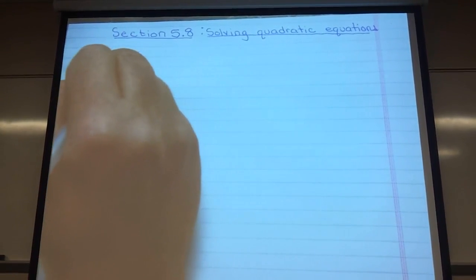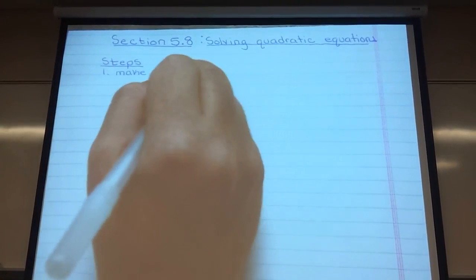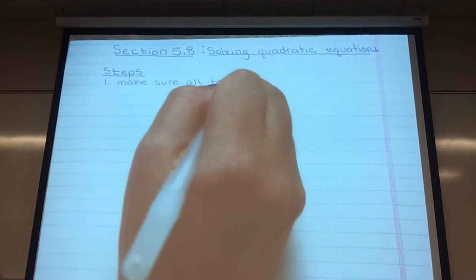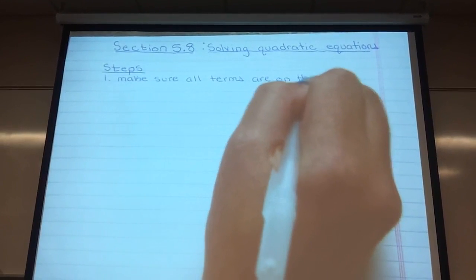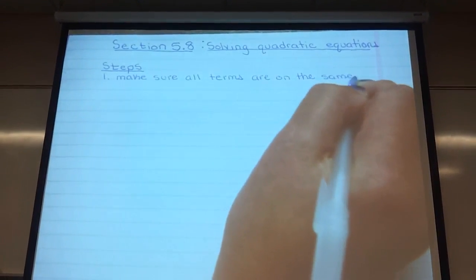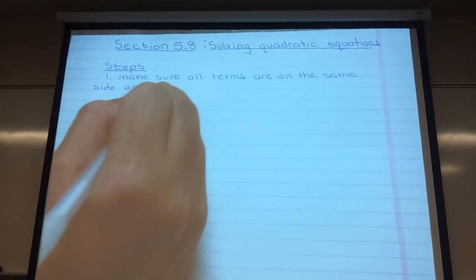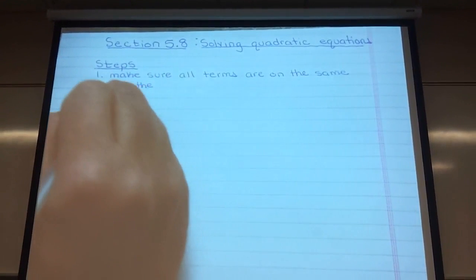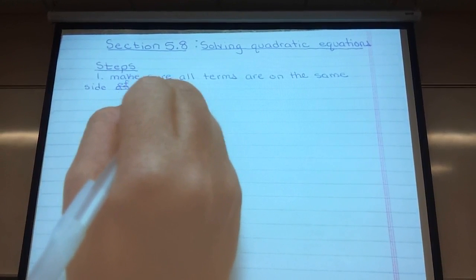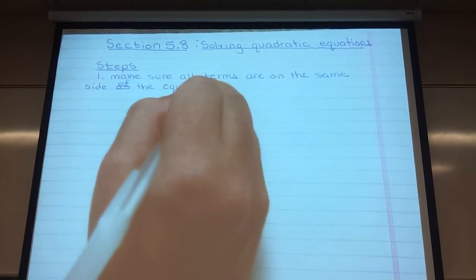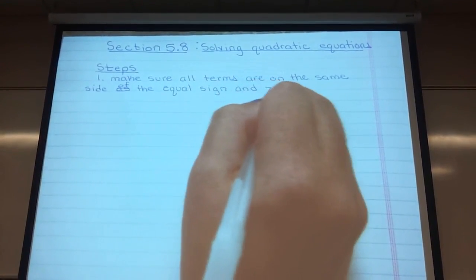Step 1, make sure all terms are on the same side as the equals, and 0 is on the other side.